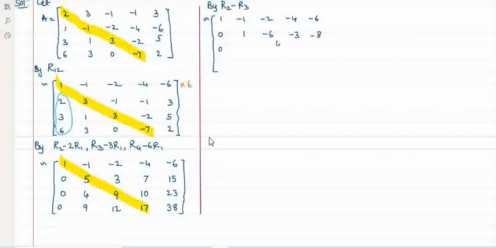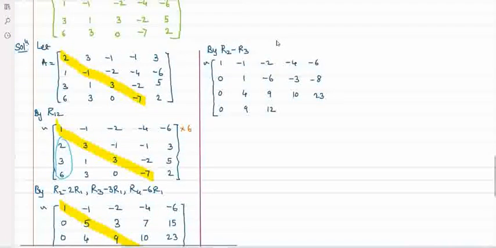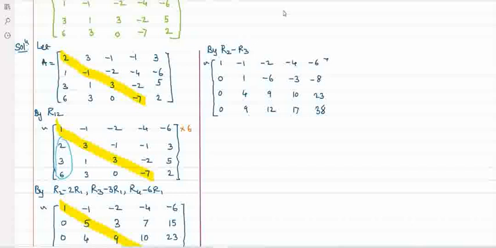Okay, 0, 4, 9, 10, 23, 0, 9, 12. Anyone repeat 12: 7, 17, 38.